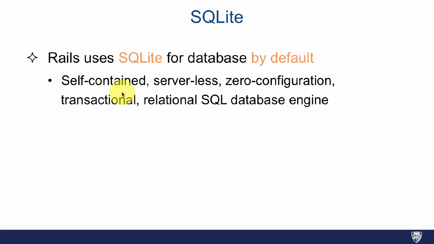And SQLite is self-contained, serverless, which basically means it has no server. Whereas, for example, MySQL or Postgres or Oracle, pretty much any relational database engine out there is going to have a server. SQLite doesn't have a server. It's just a file that sits on your file system, and SQLite lets you interact with that file as if it were a real database engine.